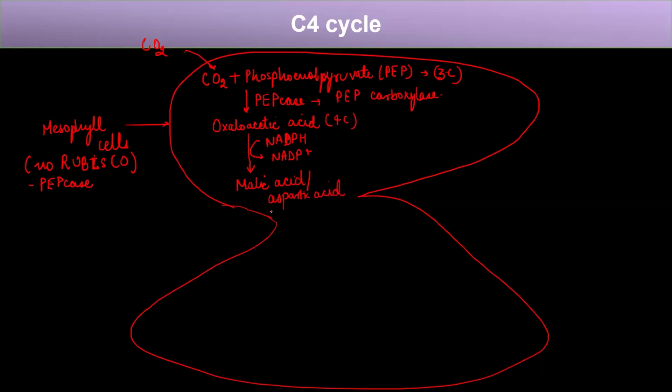Now, this malic acid from the mesophyll cells comes to the bundle sheath cells. And this is also 4-carbon, right?